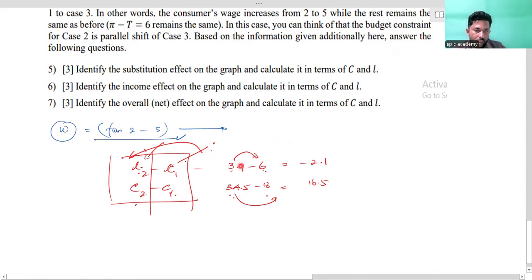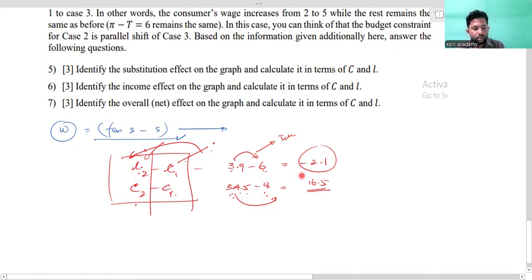So now you can identify this consumer has limited income. So if any consumer tries to increase the leisure time period, then they have to sacrifice the consumption level from 34.5 to 80. The amount of the sacrifice of the consumption is 60.5. An increase, what happened?